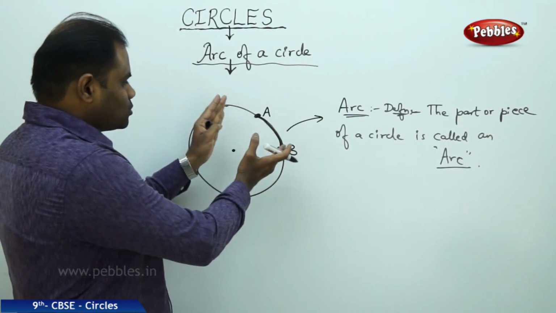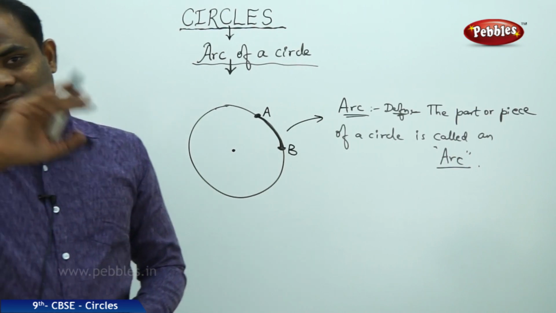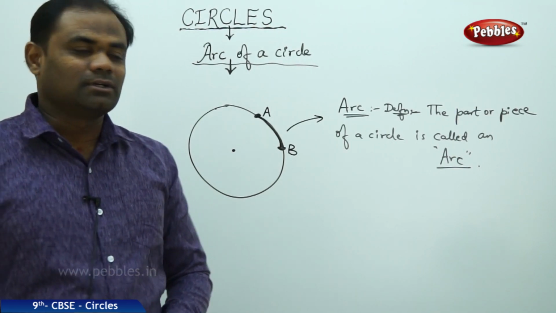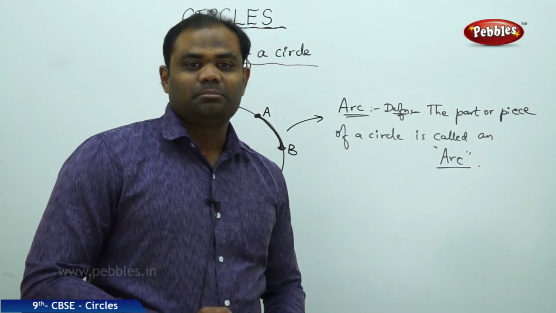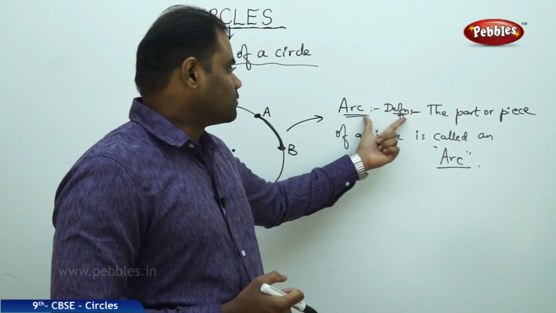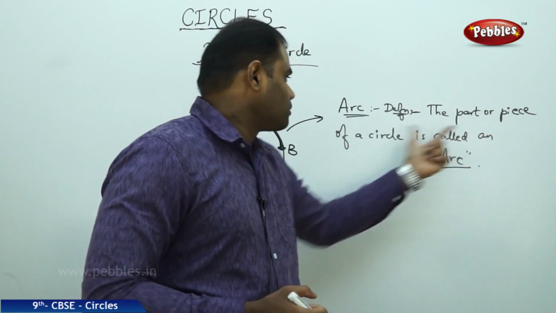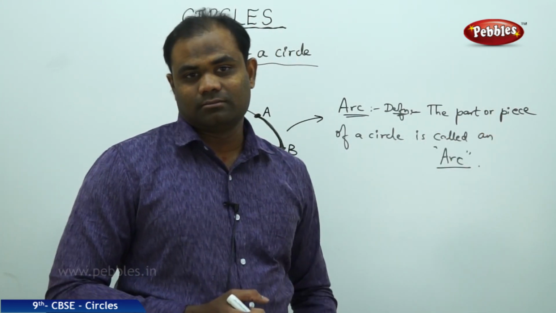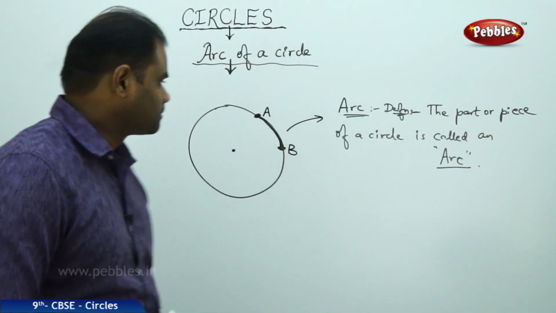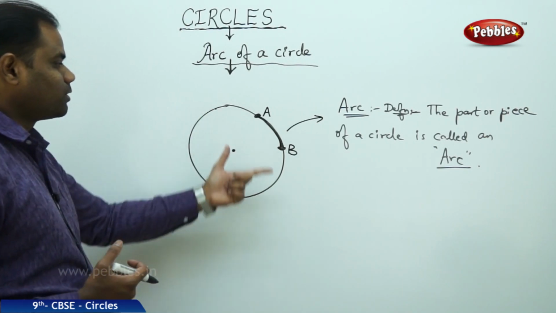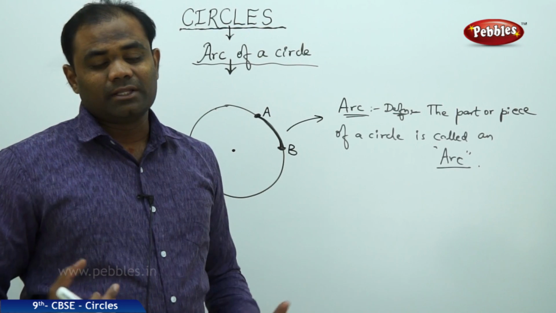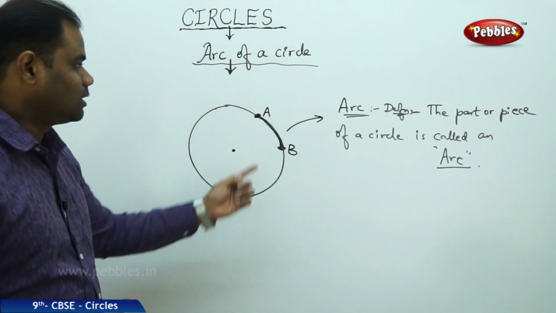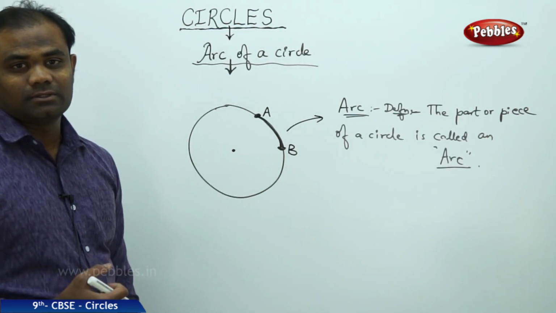If I take any 2 points on the circle, then that curved part of the circle between the endpoints is called an arc. Mathematically, an arc is defined to be a part or piece of a circle. There can be any 2 points taken on the circumference of the circle, and we get any number of arcs.